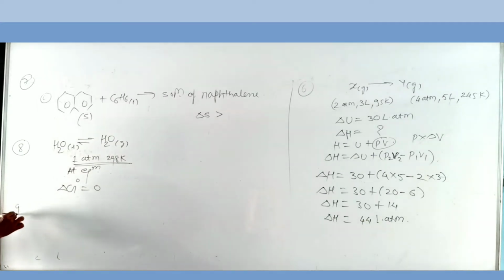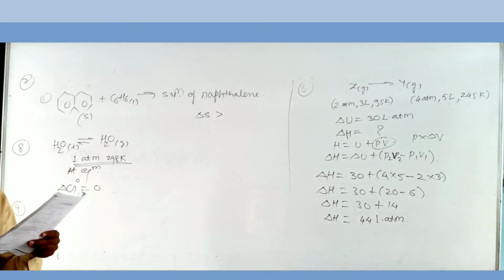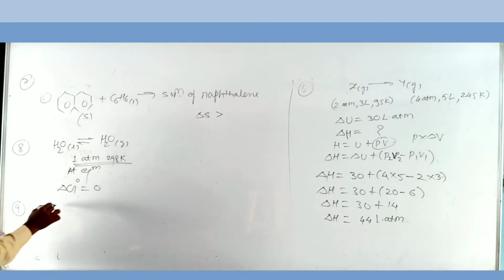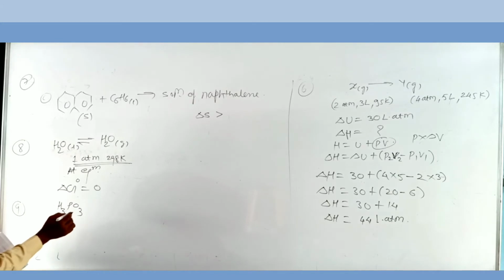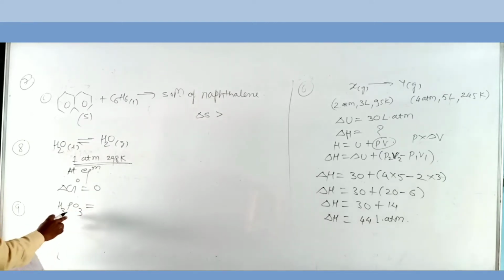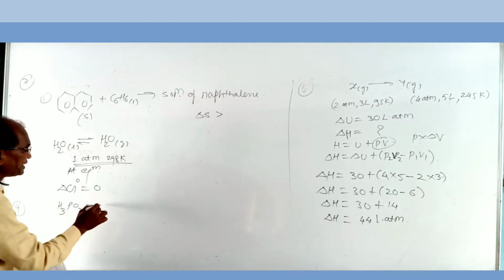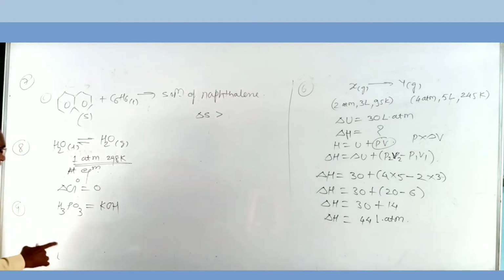Then MCQ number 9. To neutralize completely 20 ml of 0.1 molar aqueous solution of phosphorus acid, that is H3PO3. Neutralization means gram equivalent of an acid is neutralized by gram equivalent of a base. Both must be equal.